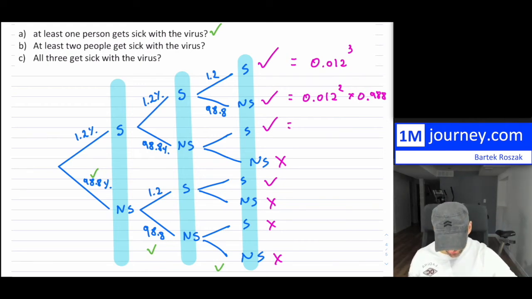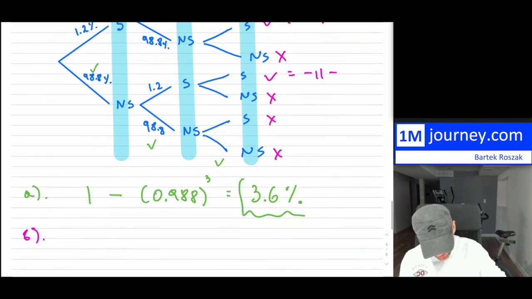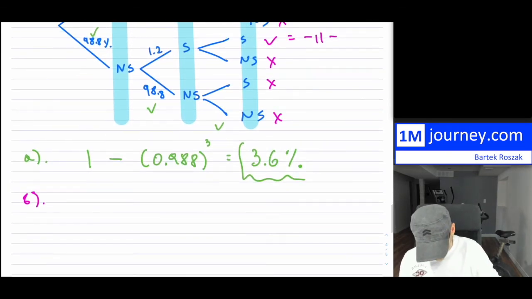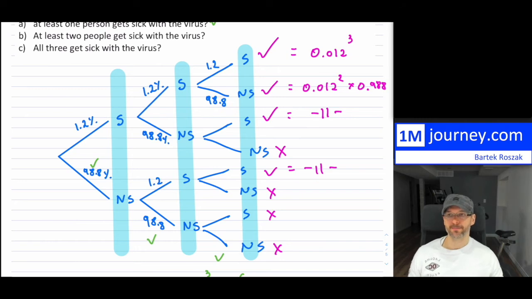Then our third one is going to be exactly the same, because two of those get sick. And then here it's also the same. So there you have it. So our probability will be 0.012 cubed, which is the probability of all 3 people getting sick, plus the probability of 2 people getting sick.